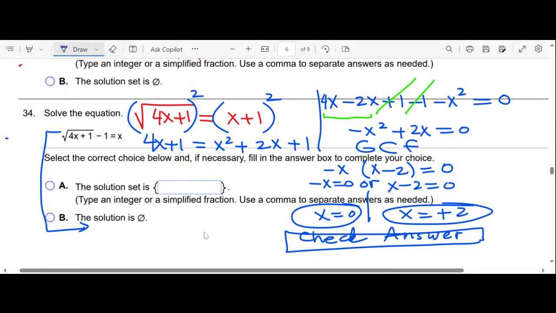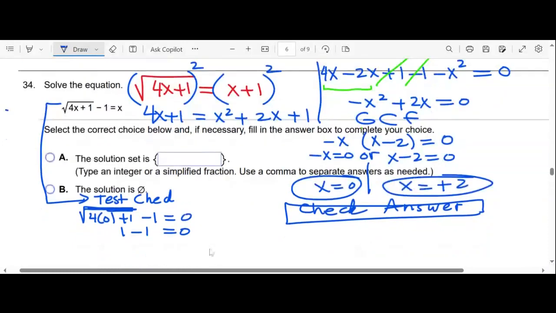So this one is a minus. Now, I need to test this, right? Test by what? Check. 0. If I put 0 here, what are you going to get? Plus 1, right? Minus 1 equals 0. This gives you square root of 1. How much is square root of 1? 1 minus 1 gives you how much? 0. So it's true, right? Correct. True.